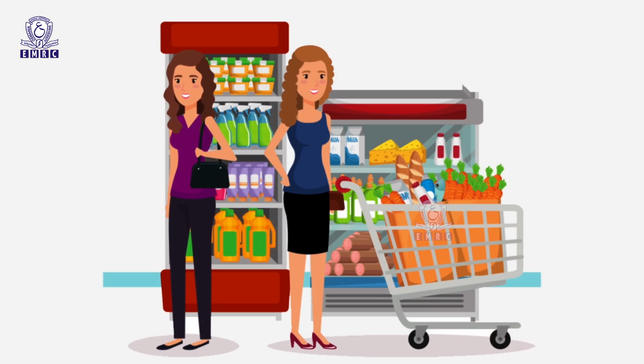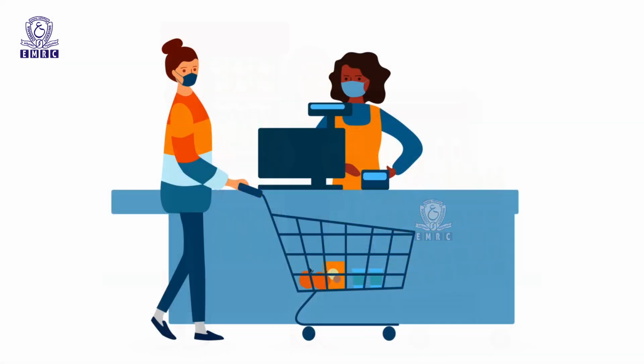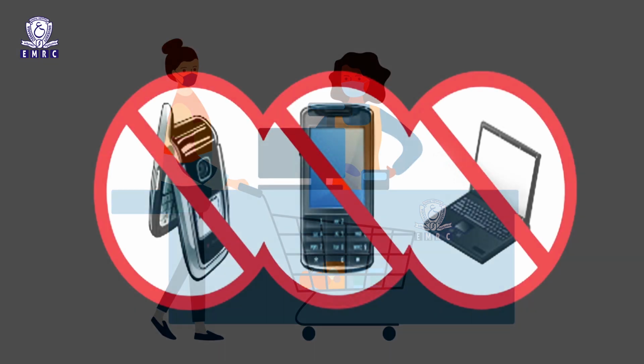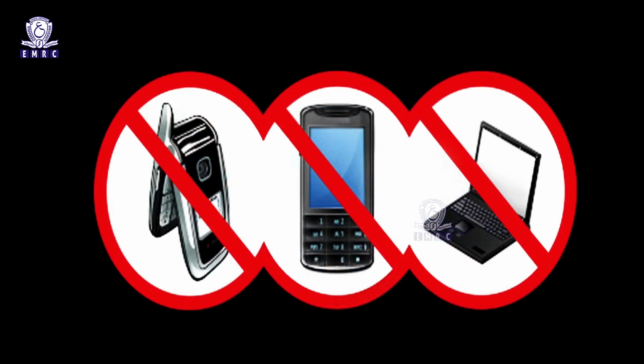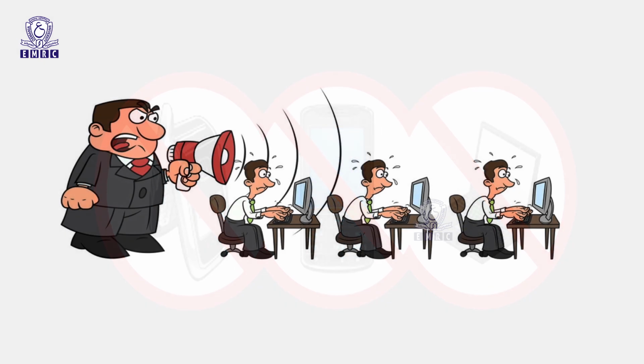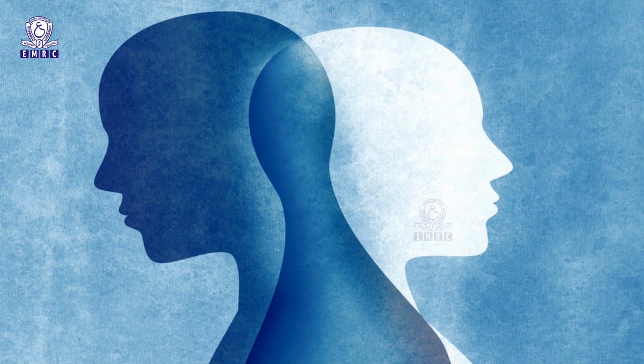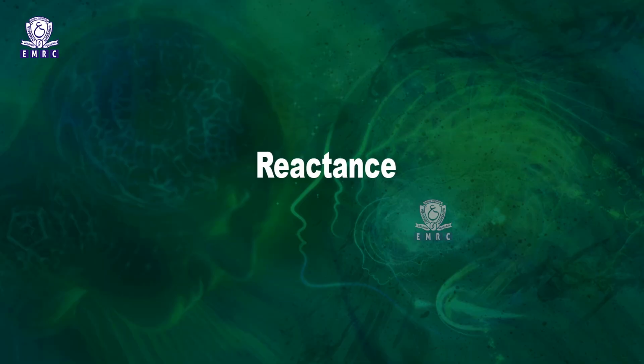Being persuaded to buy a specific product in the grocery store, being forced to pay some fees, being prohibited from using a mobile phone at home, all these many of us know, and being instructed to perform work for the boss, all are examples of threats that some people perceive to their freedom to act as desired, for different age groups in different contexts as well. This is where reactance comes into play.